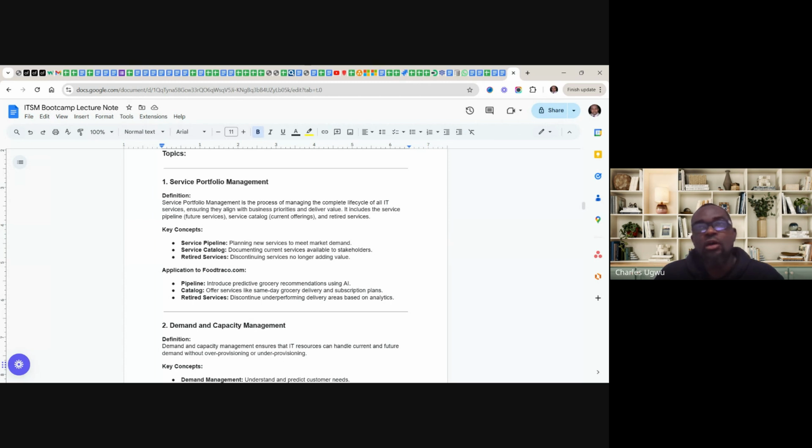Then catalog. What are the current IT needs for food truck to serve their customers effectively? They need to offer services like same-day delivery.